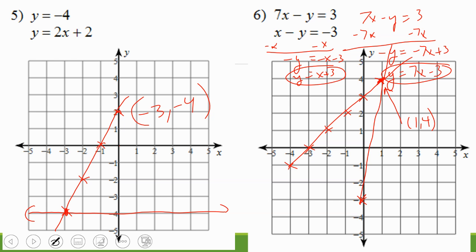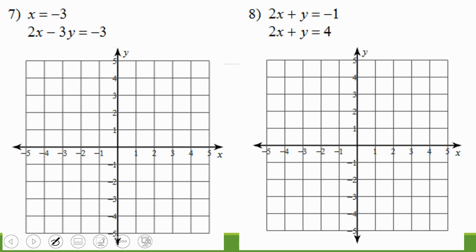If you're not sure if you have the solution, you can go back up and plug in 7 times 1 is 7, minus 4 is 3. That's 3 equals 3. Go to the second equation. 1 minus 4 should be negative 3, and 1 minus 4 is negative 3, so that's definitely a solution.